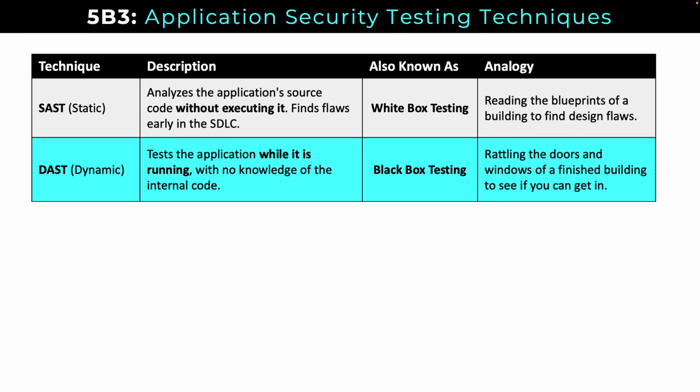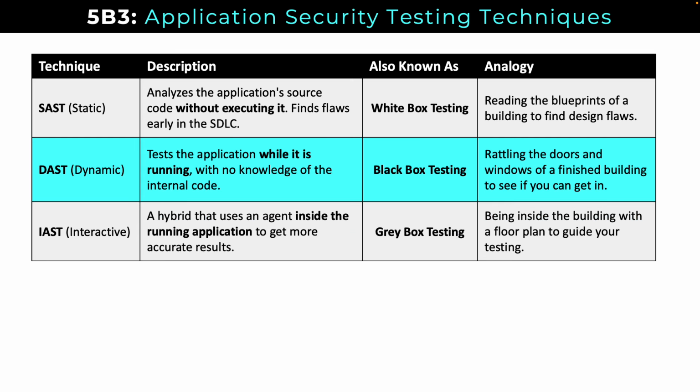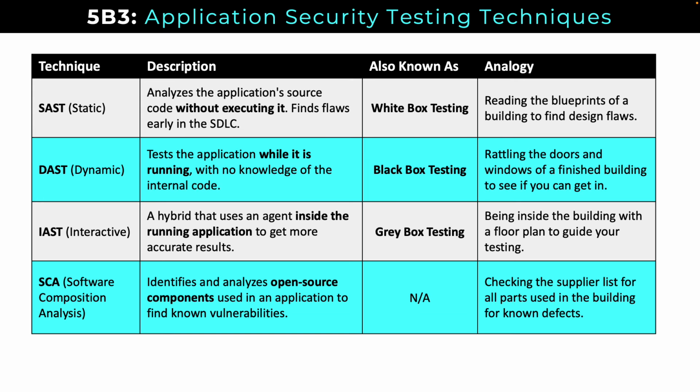So it's sometimes said that static application security testing tests the application from the inside out, and dynamic testing tests the application from the outside in. There's interactive application security testing. So this is a hybrid approach that uses an agent inside the running application to get more accurate results, sometimes called gray box testing, but it's testing the running application and looking at code execution at the same time.